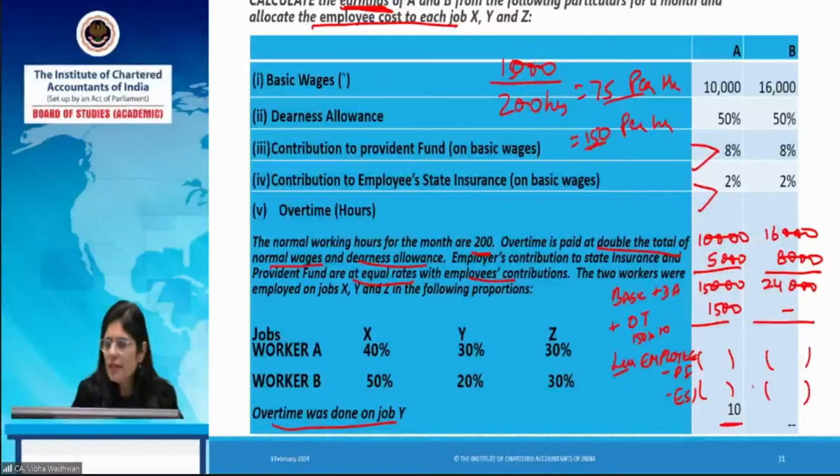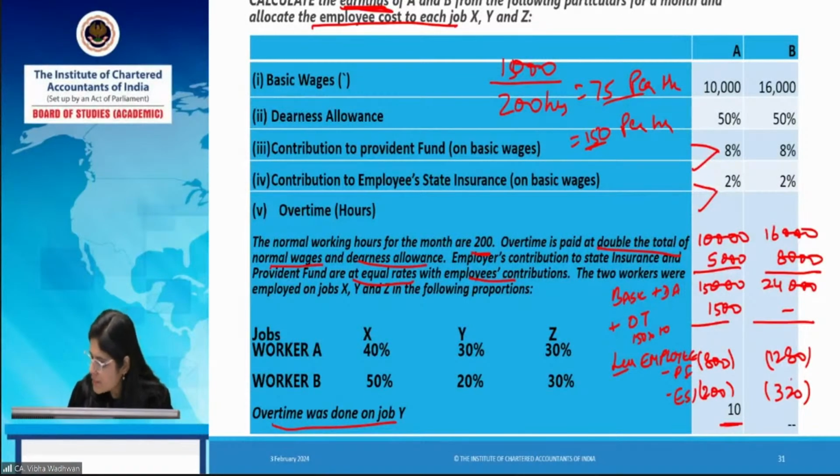Here we will deduct 8% of 10,000, which is 800, and 2%, 200. For B, 8% is 1280 and 2% should be 320. Please just check the figures, students. Now you deduct.